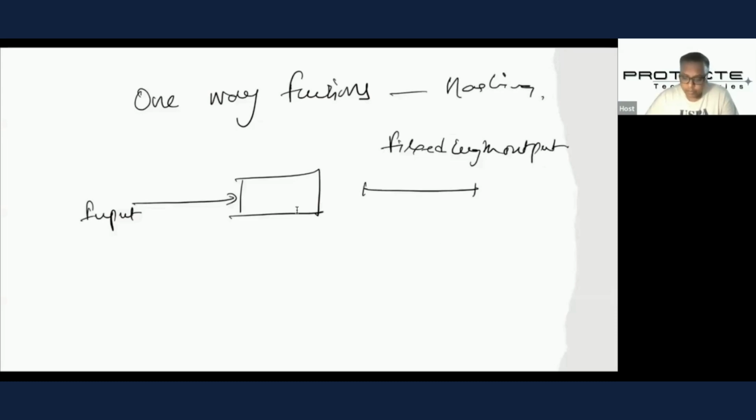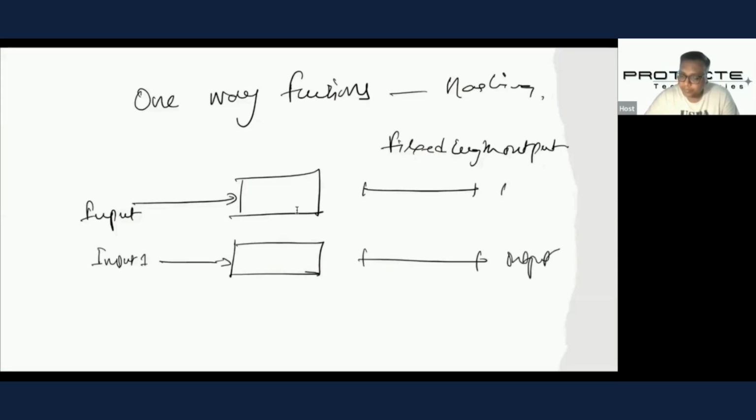That means once you give an input, it will have fixed length output. But the moment you change the input even by a fraction, the output will change. Output will be different. And it is irreversible. It cannot go back. This is used in the concept of proving integrity. We will see how.